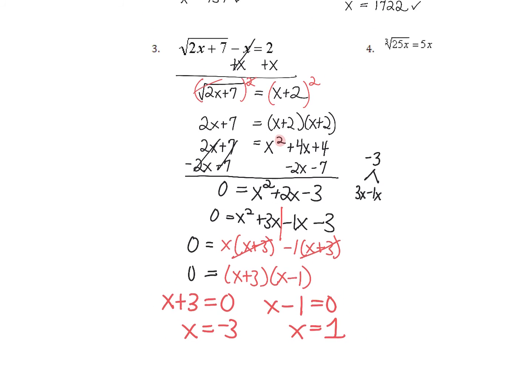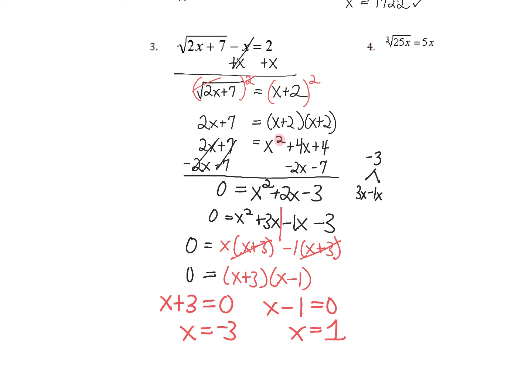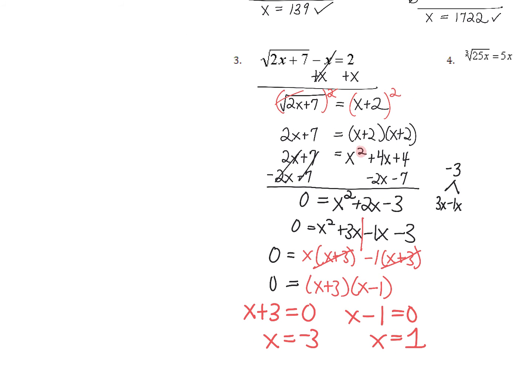This, my friends, is the case where we're likely to get an extraneous solution. So it's worth a moment to talk a little bit more deeply about the checking process. I would actually show my check in this case. So the first thing I'm going to do is check in my equation the solution x equals negative 3.